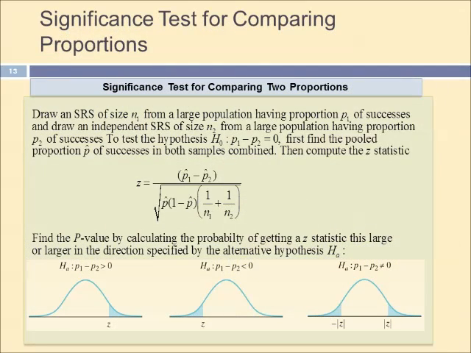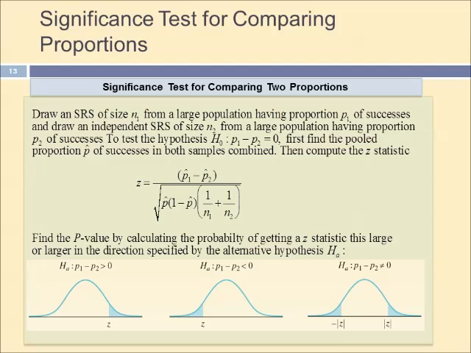So, to do a significance test for comparing two proportions, we draw a simple random sample of size n1 from a large population having a proportion p1 of successes, and we draw an independent simple random sample of size n2 from a large population having proportion p2 of successes.